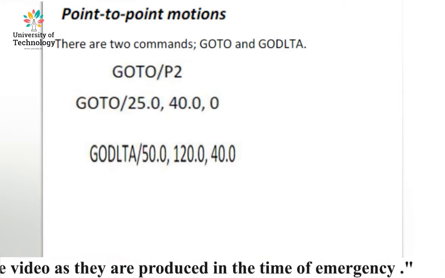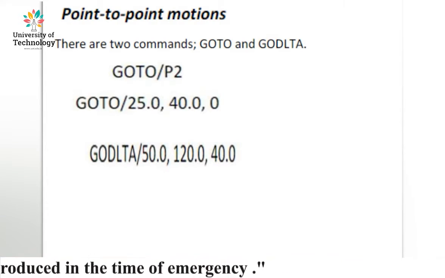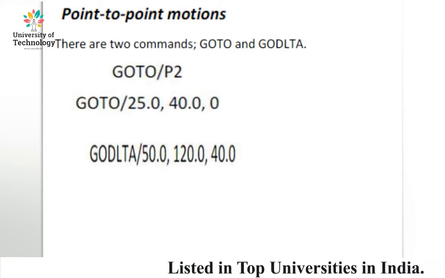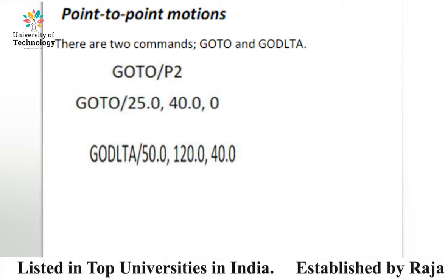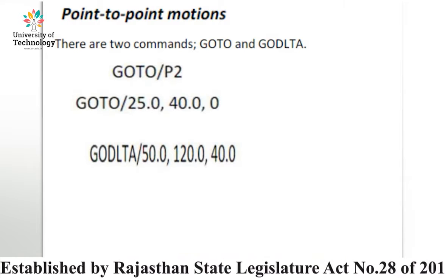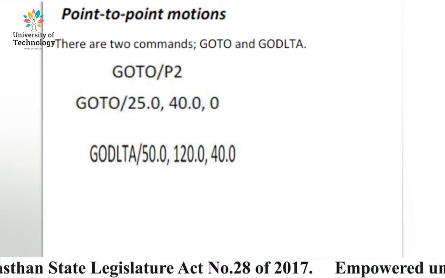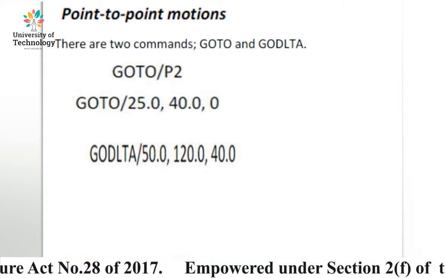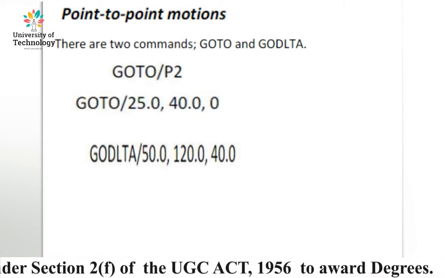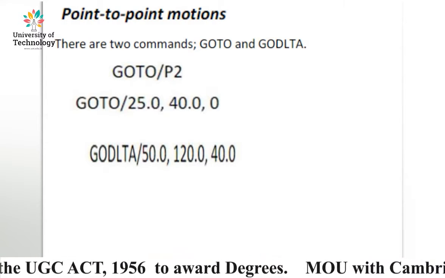Point to point motions. There are two commands, go to and go delta. Go to is used for point to point motion, like that: P1 to move to P2, then go to oblique P2. Go to oblique, that is a particular coordinate mentioned here, 25, 40 and 0, x, y, z.